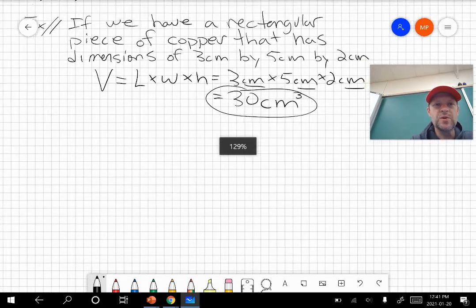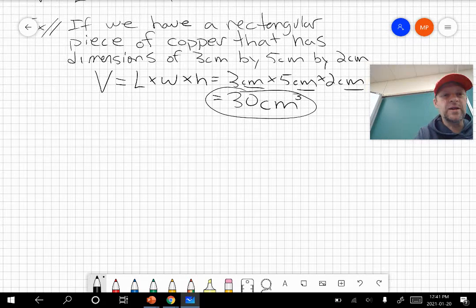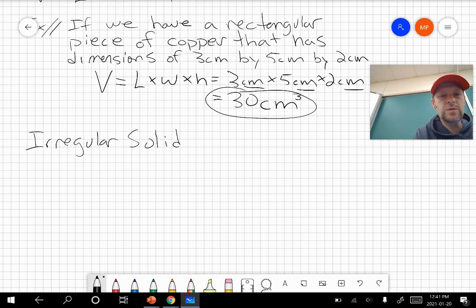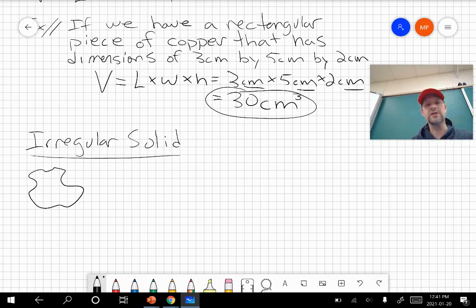Let's keep going and think about, all right, how about an irregular solid? So, let's say you have some weird chunk of metal that you're trying to find the volume of. How the heck can you do that? You can't measure a length, a width, and a height with a weird irregular solid.